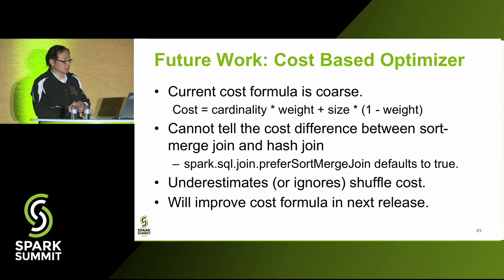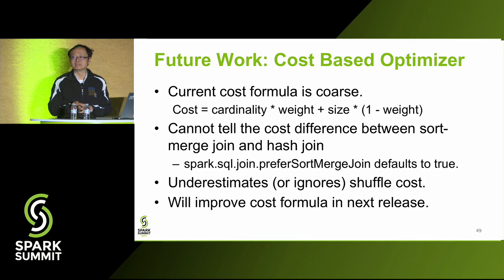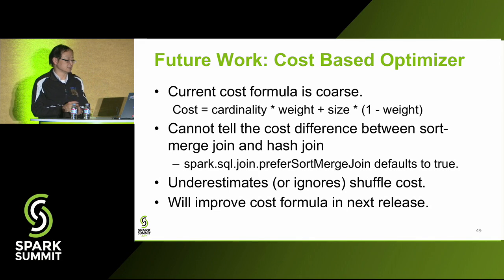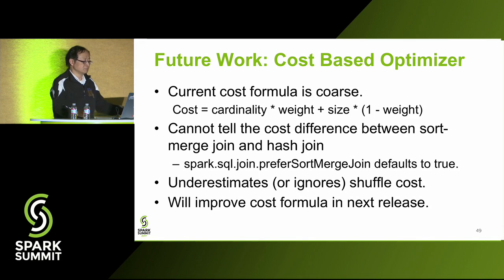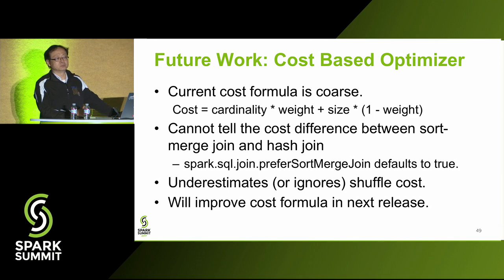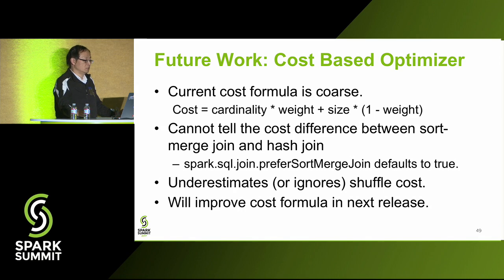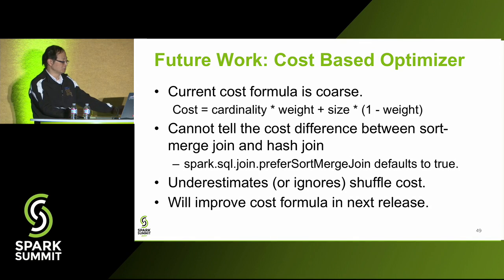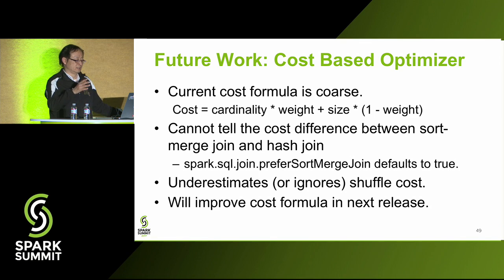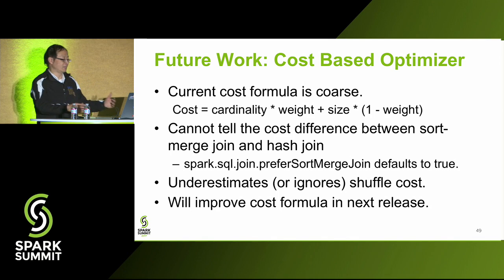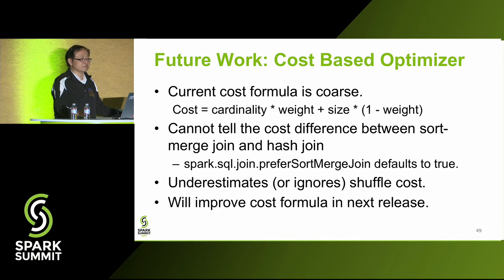As for the future work, today you have seen our query analysis, and I admit that this is the very first CBO release. It is not perfect at all. For example, the current cost formula: earlier I showed you it is based on cardinality. We only factor in cardinality and size, and multiply by some weighting factor.